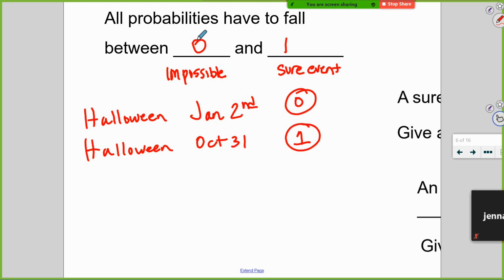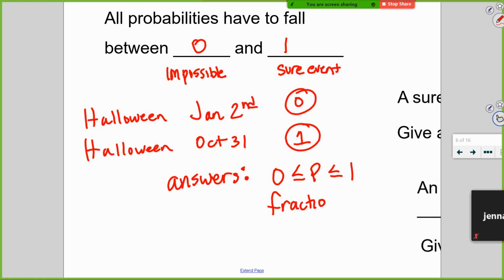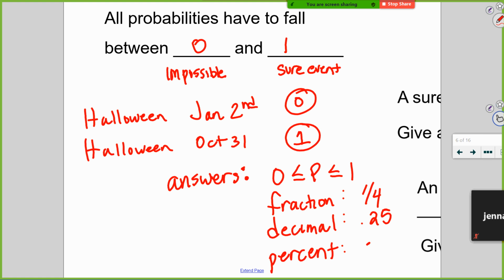So when you're given answers to probabilities, right, the answer of the probability always has to be between 0 and 1. So you could write it as an inequality. You can represent that as a fraction, like 1/4, or a decimal, like 0.25, or like a percent, 25%.